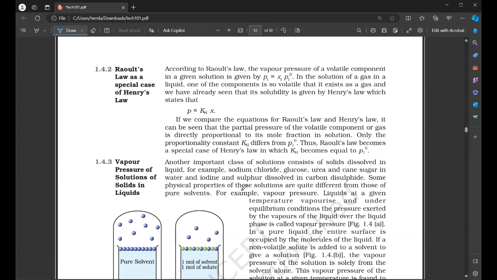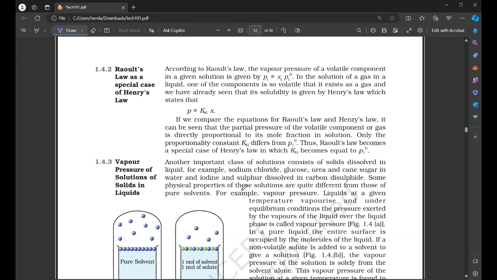So Raoult's law as a special case of Henry's law. So all this is a connected conspiracy. I'm just kidding, all this is connected. According to Raoult's law, the vapor pressure of a volatile component in a given solution is Pi equal to xi Pi naught.